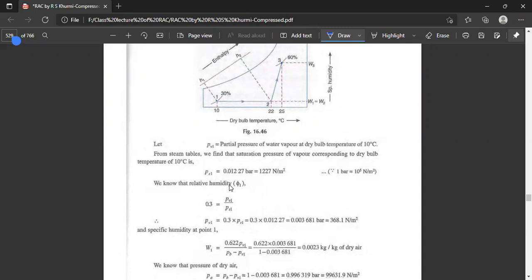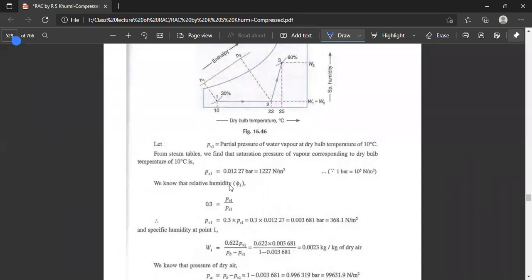So that is the relative humidity. So PV1, the partial pressure of the water vapor, will be given as PS1 multiplied by the relative humidity, which is 0.3 times 0.01227, equal to 0.003681 bar, or 368.1 Newton per meter square.